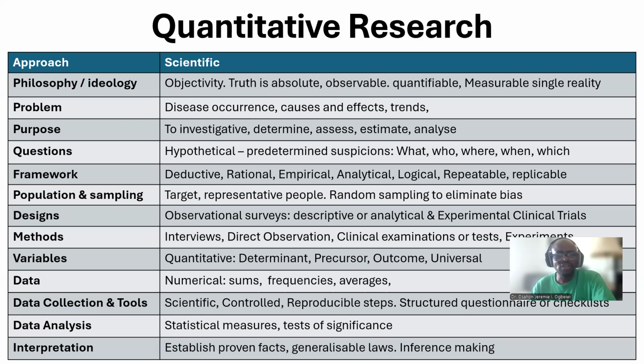Now, the variables are usually quantitative variables, where you define the determinant variable, the outcome variable, the precursor variable, variables that you categorize. On this framework, they are usually quantifiable variables that can be measured using a quantitative research approach.